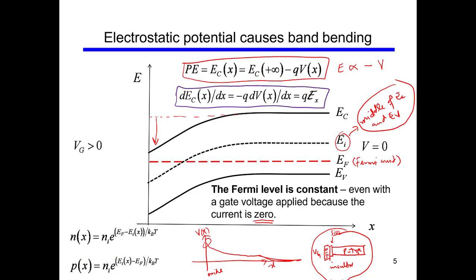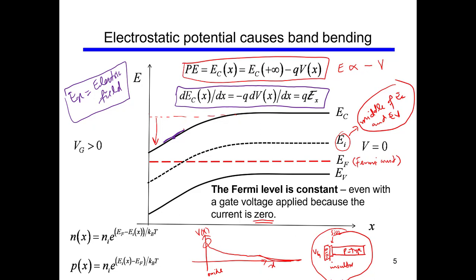So basically what this tells, Ex is the electric field along the x direction, and electric field is the slope at any point. The electric field is the slope of the energy band.